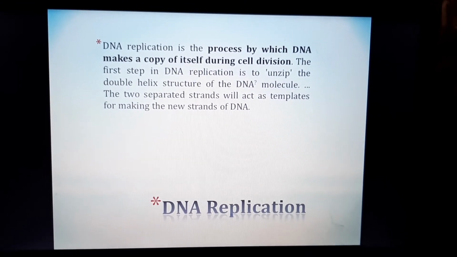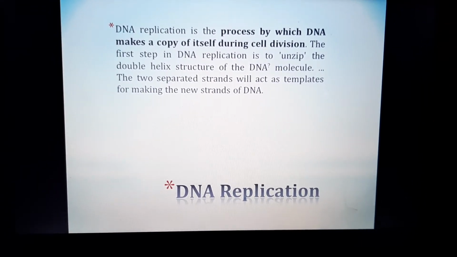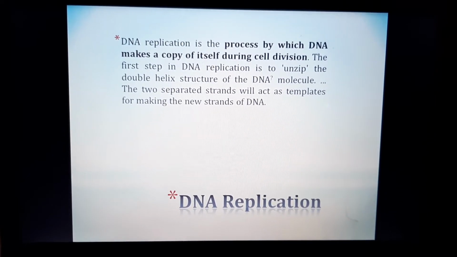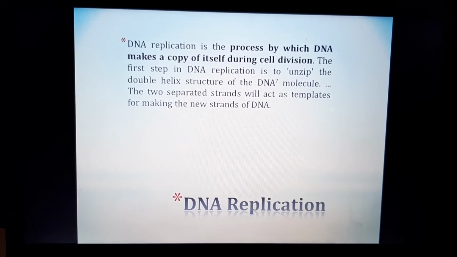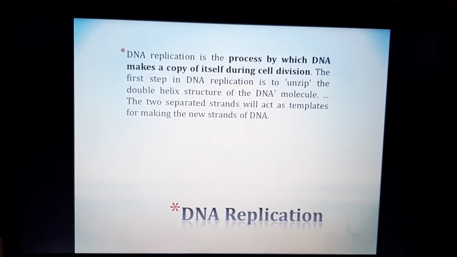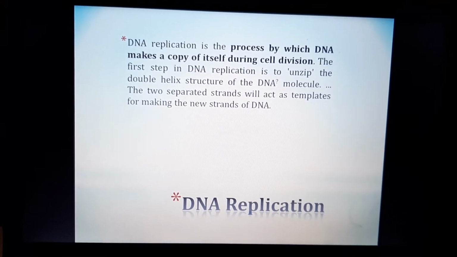Next we move on to DNA replication. DNA replication is the process, a semi-conservative process, by which DNA makes a copy of itself during cell division. The first step in DNA replication is to unzip the double helix structure of the DNA molecule.